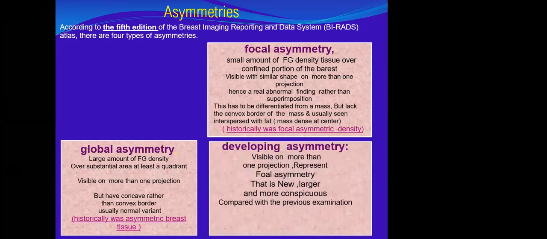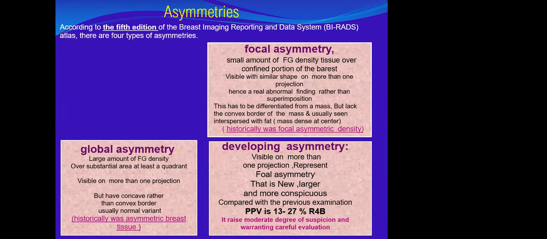Developing asymmetry, usually seen in more than 1 projection, represents a focal asymmetry that is new, larger, or more conspicuous compared to previous examinations, with a positive predictive value ranging from 13 to 27%.